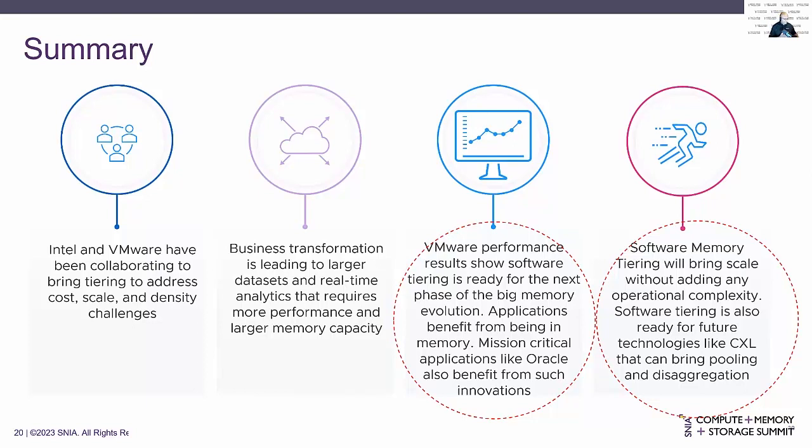It could be the SAPs, it could be the SQL servers, or even big data, or anything that is memory hungry, bandwidth hungry, can benefit from such innovations. And VMware software memory tiering will bring scale without adding any operational complexity. Software memory tiering is also ready for future technologies like CXL that essentially brings pooling and disaggregation to the table here.